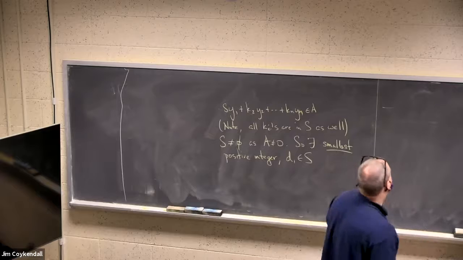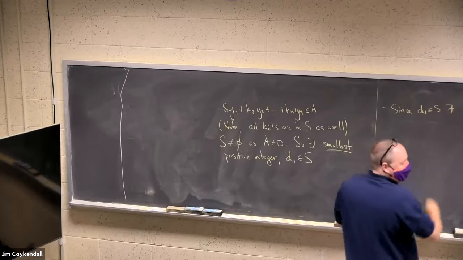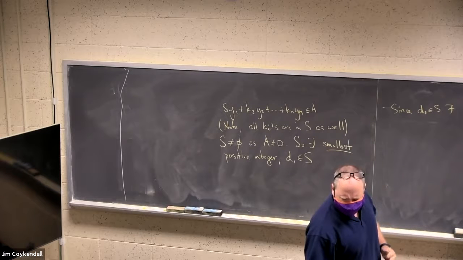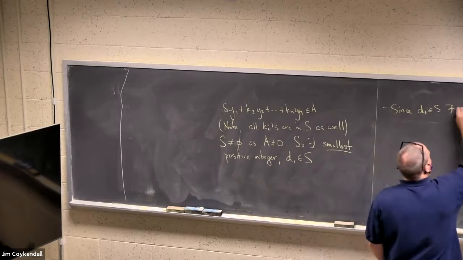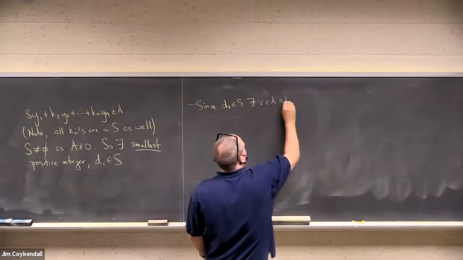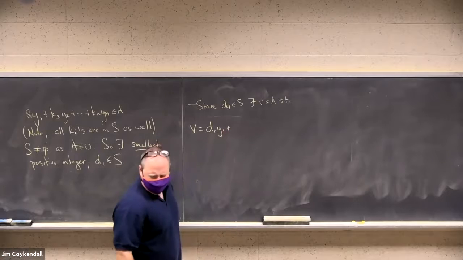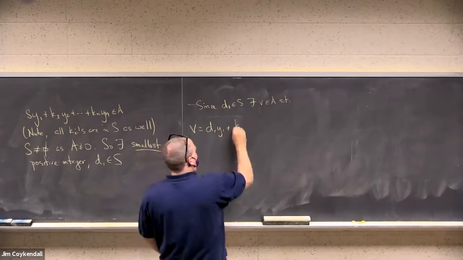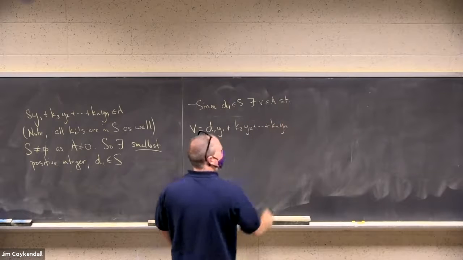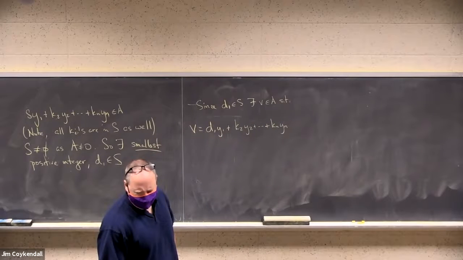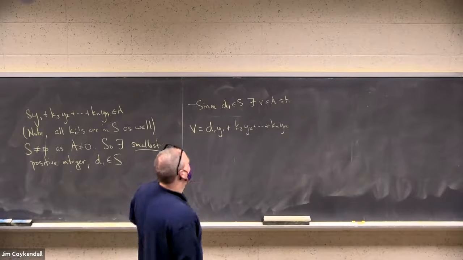Since this d1 is in S, there's some element d of A such that d equals d1 Y1 plus, again, I'll call it k2 Y2 and so on. And what I'm going to do now is use the Euclidean algorithm.